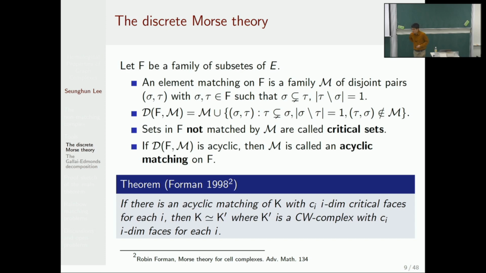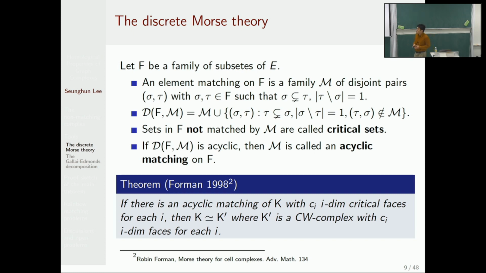Then the theorem by Forman, called the main theorem of discrete Morse theory, says the following. If there is an acyclic matching of a simplicial complex K with c_i i-dimensional critical faces for each i, then K is homotopy equivalent to K prime, where K prime is a CW complex with c_i i-dimensional cells for each i.